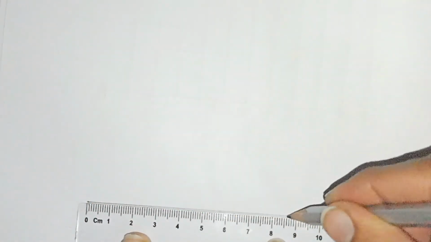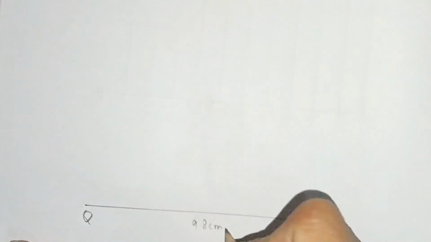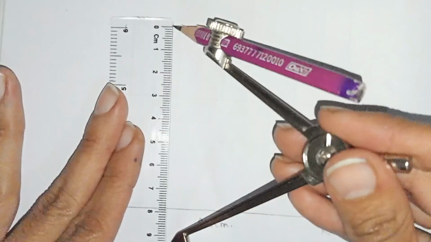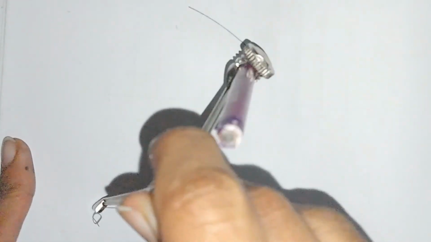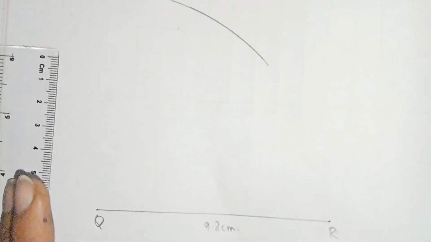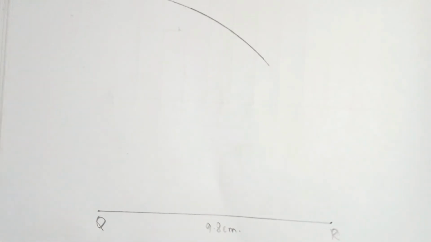This is QR, 9.8 centimeter. Now students, we have to open the compass 9.5. This is 9.5, and at point Q draw the line like that, because we have to draw the line PQ.